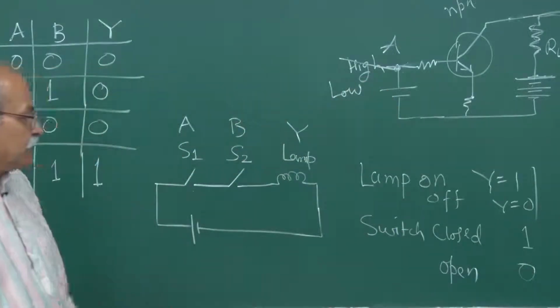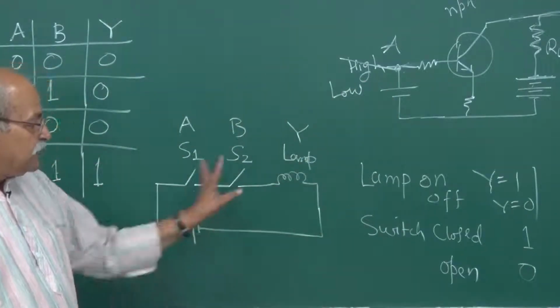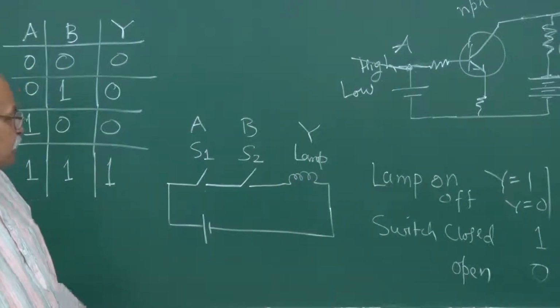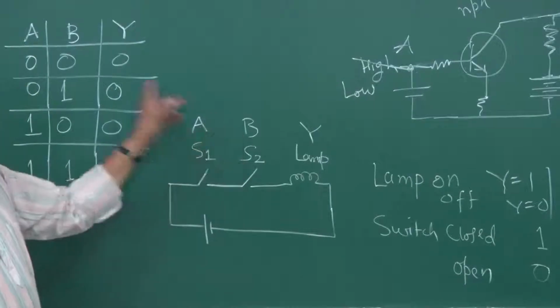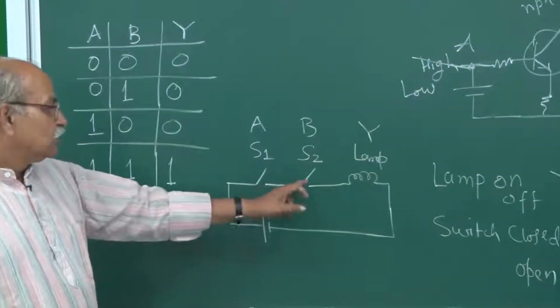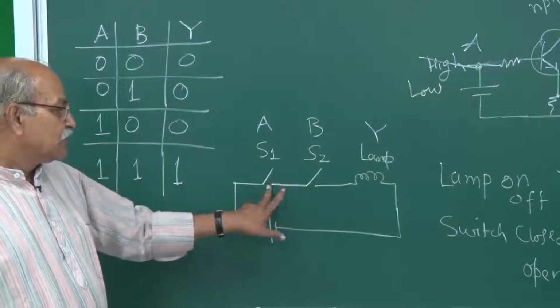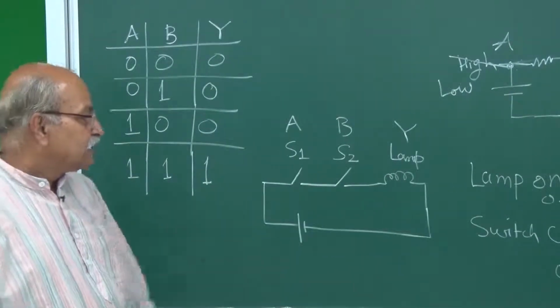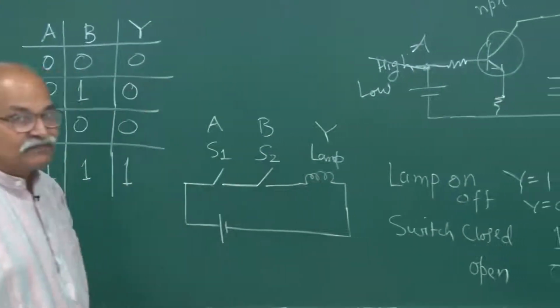So if you take this as the meaning of 1 and 0, then if A is 0 and B is 0, both switches are open, and then the lamp is not glowing, and you say that Y is equal to 0.